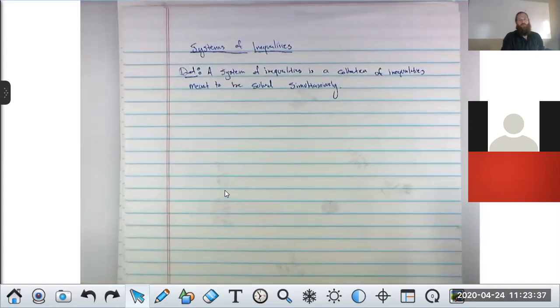So just like a system of equations is a collection of equations meant to be solved simultaneously, a system of inequalities is a collection of inequalities meant to be solved simultaneously.